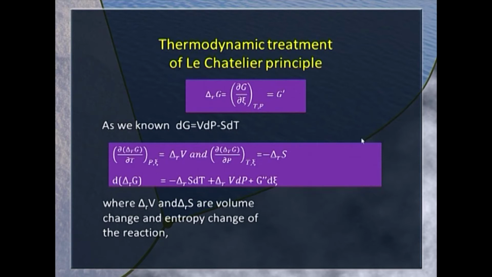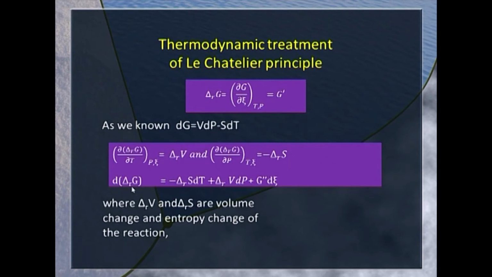We are going to represent the whole expression by this term, where ∂G/∂P is delta V, and to represent it, the enthalpy of reaction, delta R H, is given here, and this is the entropy of reaction, delta R S, given.